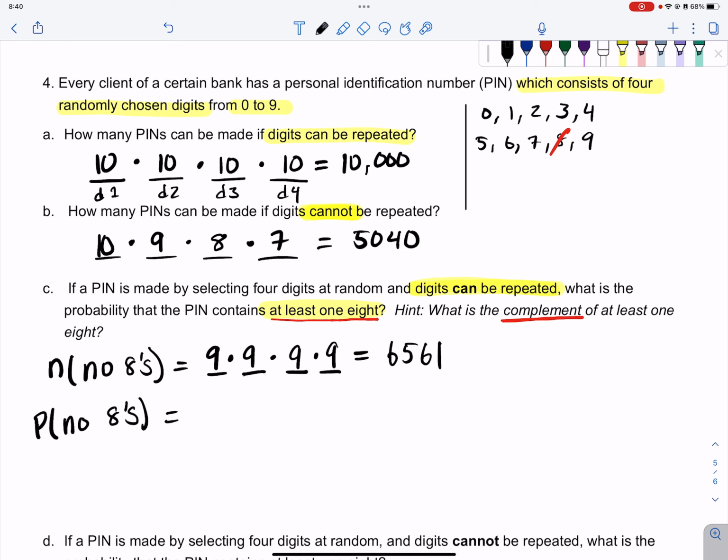Because our probability of no 8s is going to be our number of pins with no 8s out of all of the pins in total. So we have 6,561 pins with no 8s in them out of our 10,000 different pins when they can be repeated. And that then gives us 0.6561 for that probability.